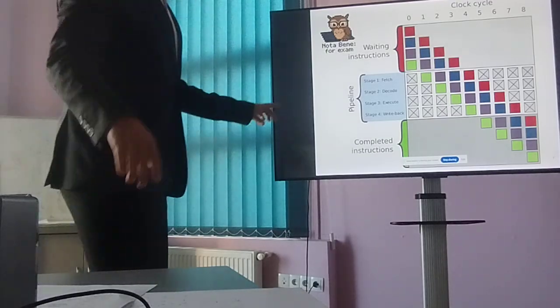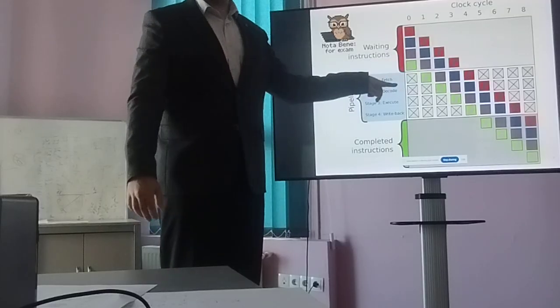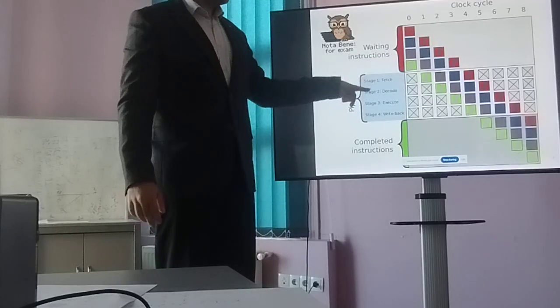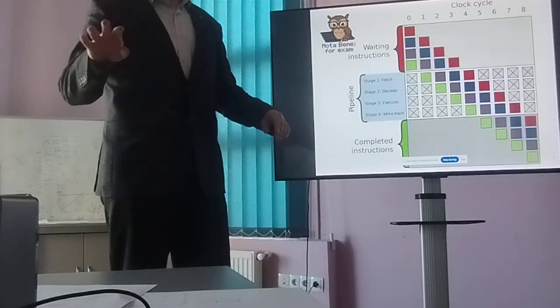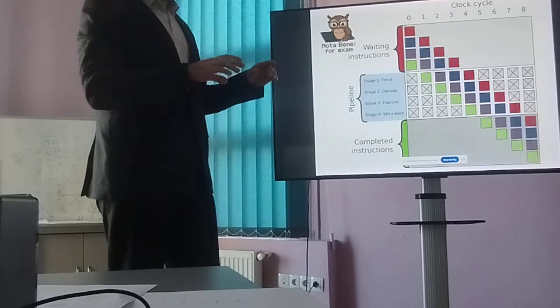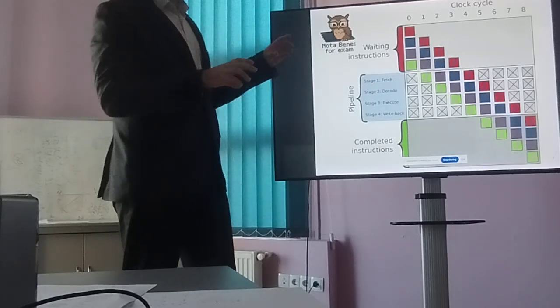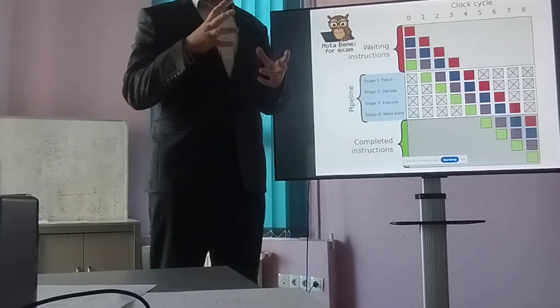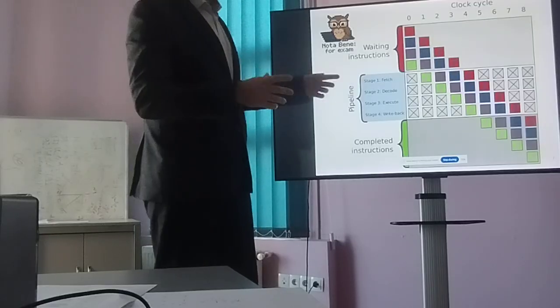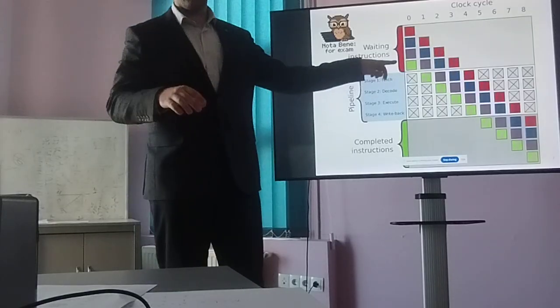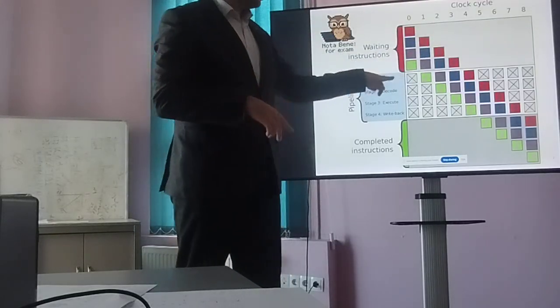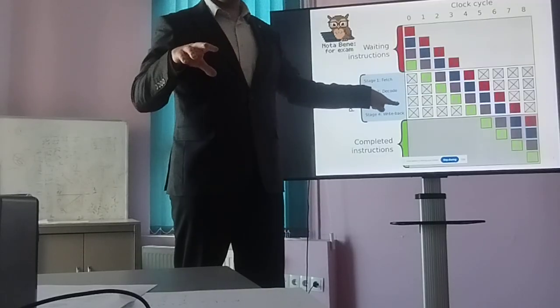We talked about the cycles of the CPU. Do you remember? I was not there. Okay, so we have 4 cycles of CPU. First, what does our central processor do? It fetches the instruction from the memory, from the RAM. Then it decodes it.